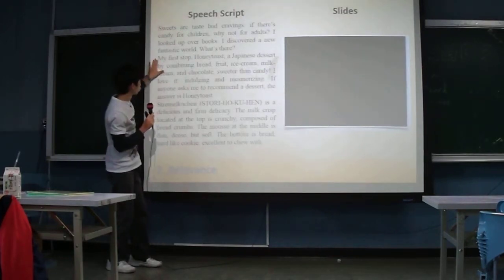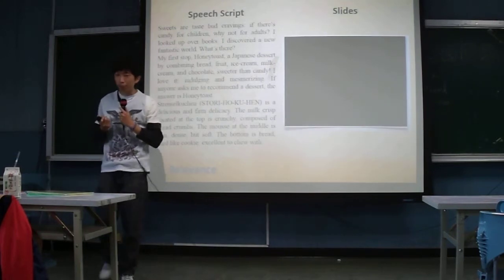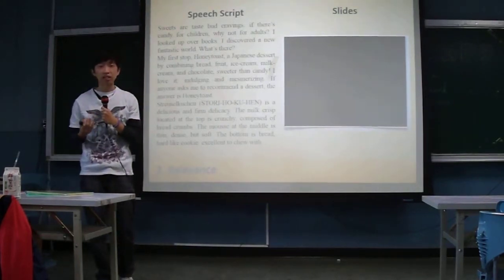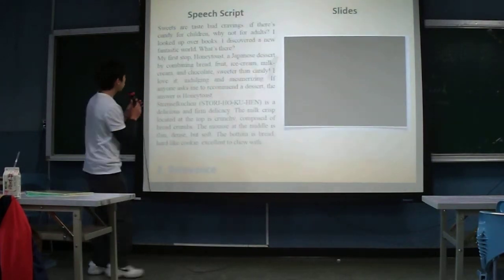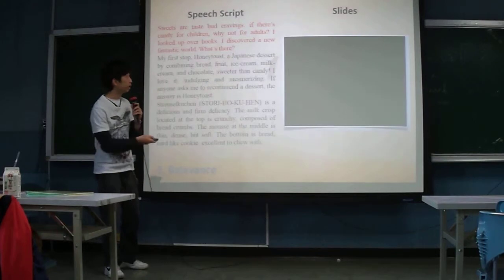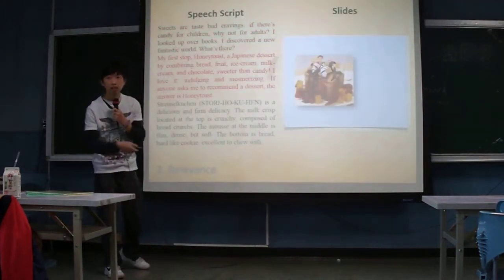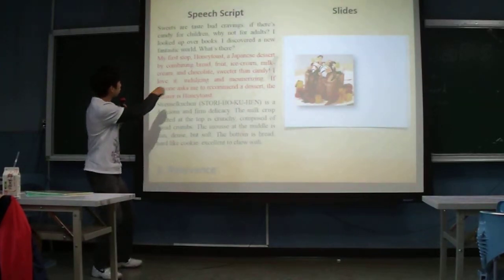But when it comes to this one, my first stop, honey toast. Honey toast is something maybe not everyone has eaten or known. So when I reached here in my speech, I showed the slide conveying to the audience what honey toast is. So I went over my second paragraph.